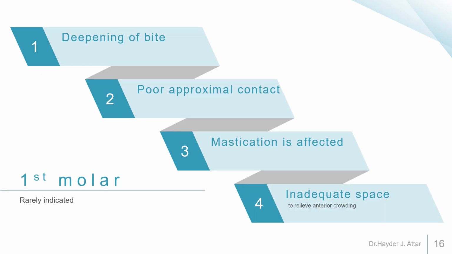The extraction of the permanent first molar is rarely indicated because the extraction may deepen the bite. In addition, there is a poor interproximal contact between the second premolar and second molar. The mastication may become insufficient after the extraction of the first molar.